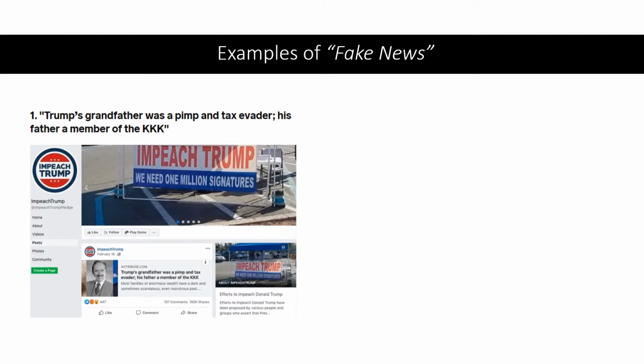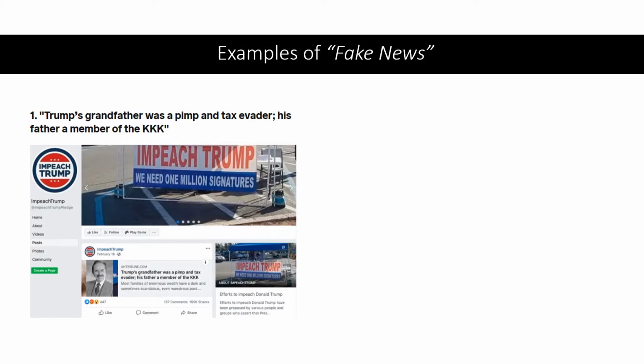You can see here that it was circulated by Impeach Trump, an organization that explains itself as being dedicated to impeaching Trump and saving American democracy. They're a project of Occupy Democrats. A lot of the information that they produce, that they circulate, is questionable at best. I would not consider them to be a reliable source.